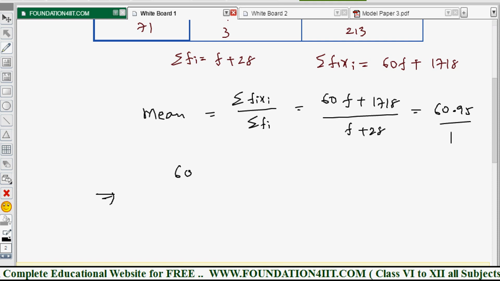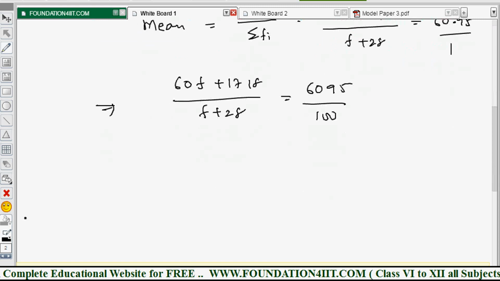So you can take 60f plus 1718 by f plus 28 is equal to 6095 by 100. Now do cross multiplication: 6095 into f, and 6095 into 28.